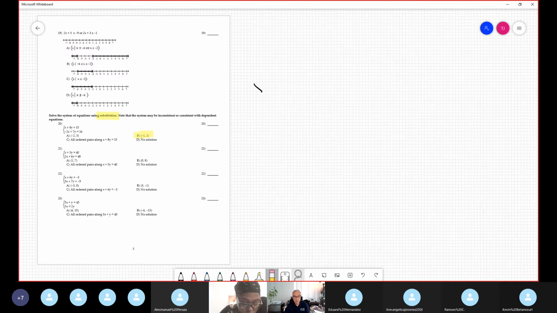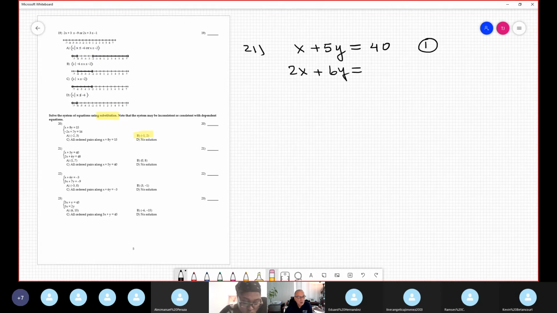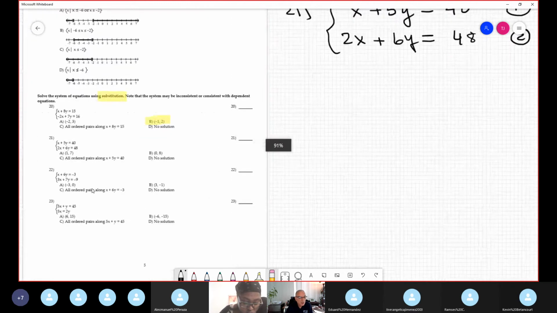Boom. 21 is x plus 5y equal 40. Equation 1. 2x plus 6y equal 48. Equation 2. Let me make it bigger to see more clear. Okay, super.